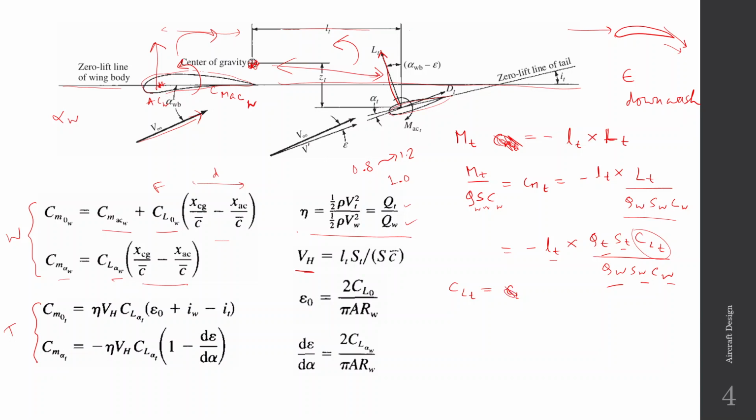If we assume a symmetric aerofoil, you write it as CL alpha t into alpha t, and alpha t you can expand considering the setting angle and the downwash. Finally you get Cm naught as eta Vh CL alpha t, times the setting angle and the downwash effect.